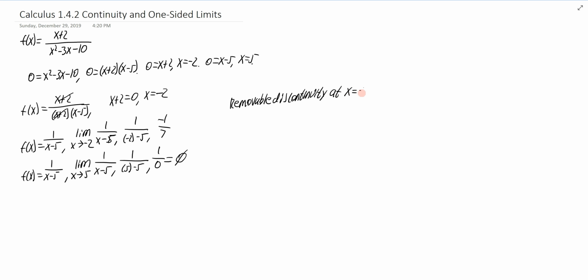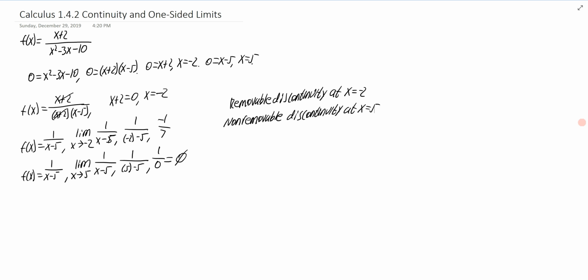And at the same time, we say there's a non-removable discontinuity at x equals 5. So there we go. That's all you've got to do to answer this question. As you can see, knowing our limits ended up proving to be very helpful for figuring this one out.